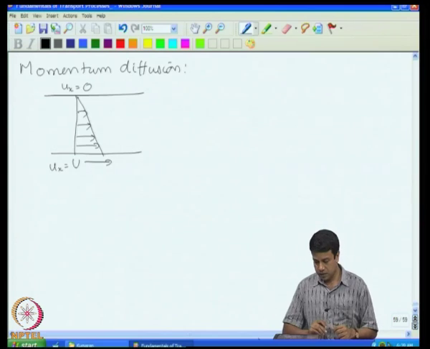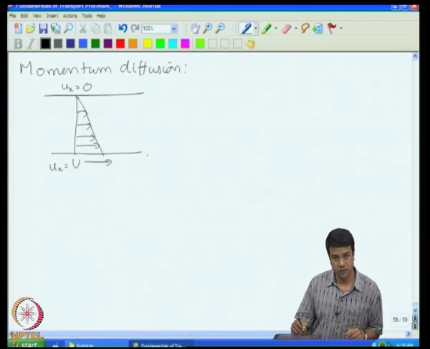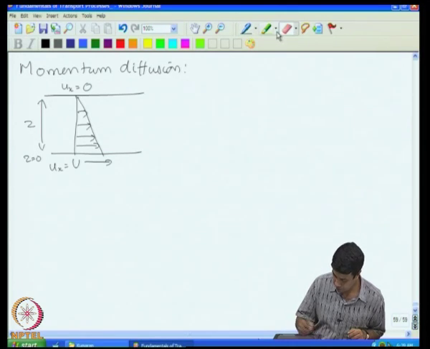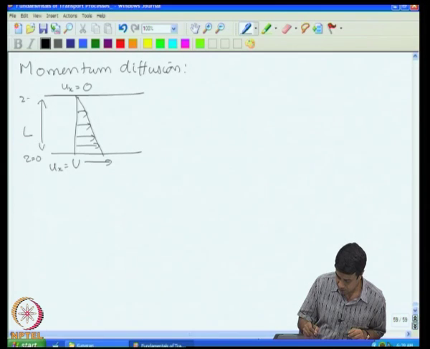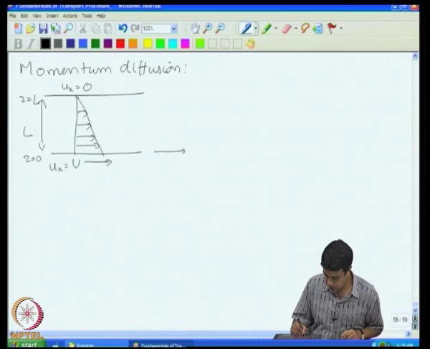Let us use a Cartesian coordinate system as before, where x and y coordinates are in the plane of the plates and z is perpendicular to the plates, the distance between the two. In this case, z is equal to 0 at the bottom plate and z equals L at the top plate. So, we use a Cartesian coordinate system as before, x, y and the z coordinate.